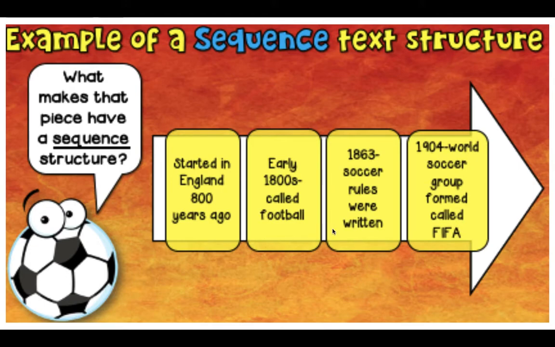Then, 1863, soccer rules were written. Finally, 1904, World Soccer Group formed called FIFA. Okay, so the sequence has dates starting from beginning, going toward the middle, and the end.